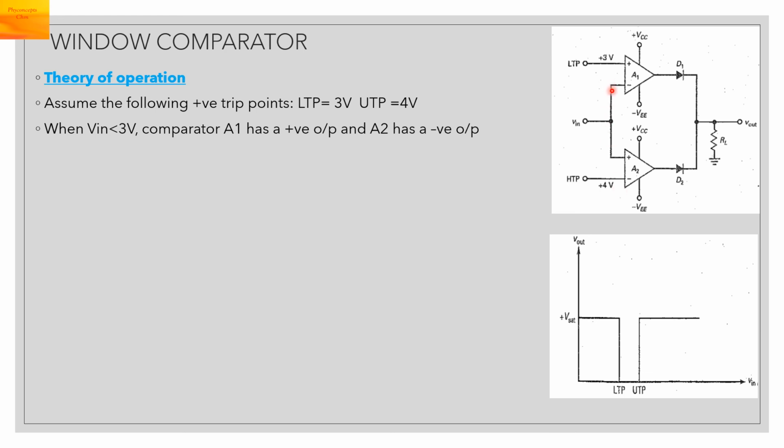When Vin is less than 3 volts, the comparator A1, to whose inverting terminal you are applying Vin, has Vin less than 3 volts, so the output of A1 will be positive. The other comparator has Vin applied to the non-inverting terminal, so its output will be negative.